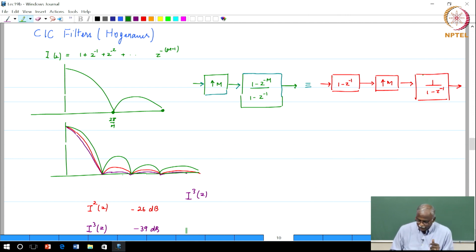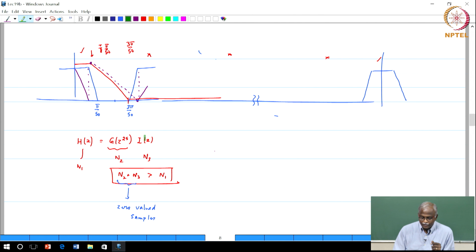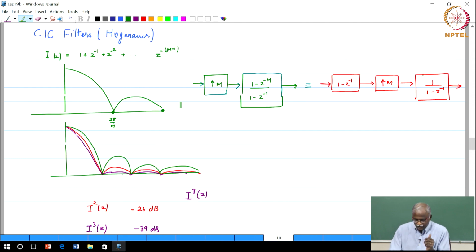So, for example, the I of z that we have designed here cannot be a cascaded integrated comb filter unless you have designed G of z to have the pre-compensation. If you have designed G of z to have the pre-compensation, then I of z can be a multiplier-less filter and have huge advantages. So, again this is a class of filters that are used quite extensively in ASIC design, primarily because they are multiplier-less filters.